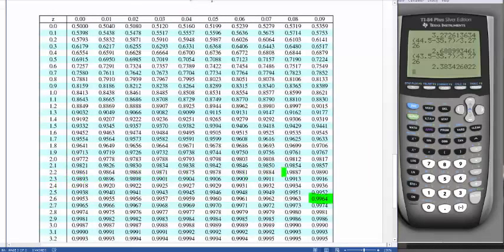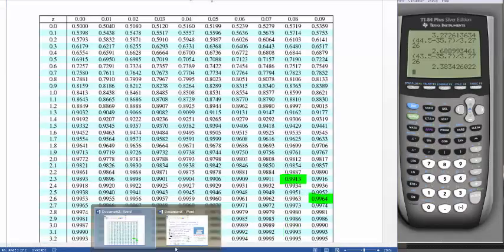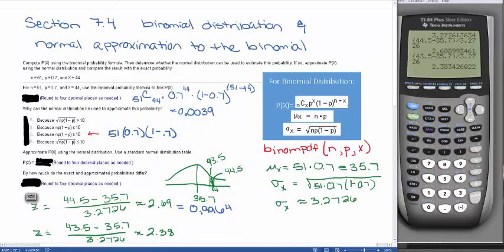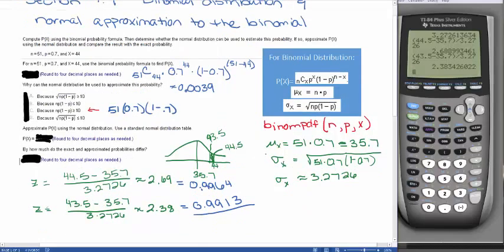So 2.38 is going to be right here, so 0.9913. And then we would just subtract. We're going to get 0.0051 whenever we're using our table.